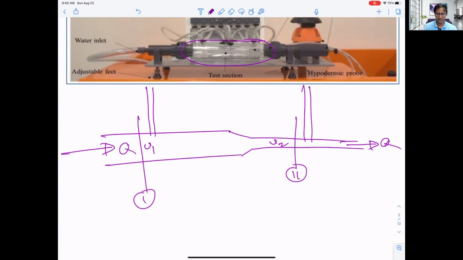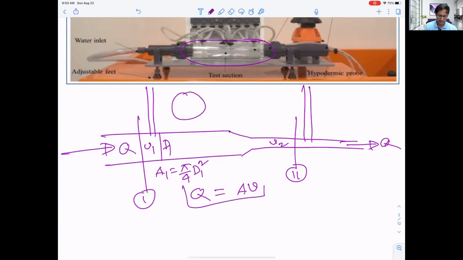According to the continuity equation, Q is equal to A times V. If you know the diameter of the pipe D1, you can easily calculate A1 equals pi over 4 D1 squared, because the cross-section is circular.